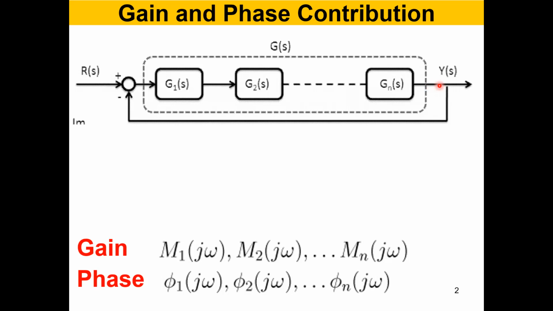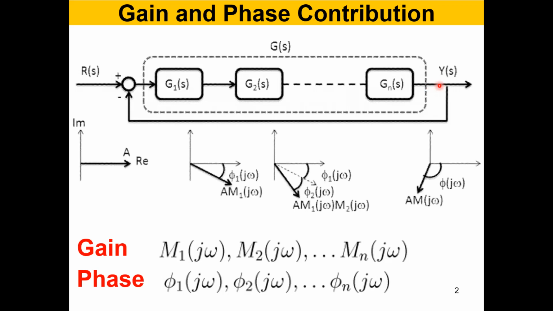So we say that when a signal passes from here to here, let's take that signal as a sinusoidal waveform, representing all of the sinusoidal waveforms. That waveform, when it passes through the first block, undergoes attenuation or amplification and also phase delay.